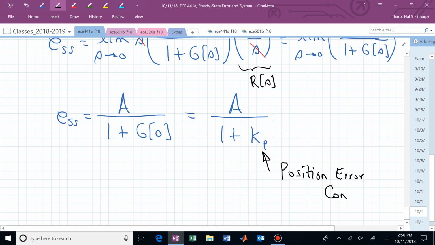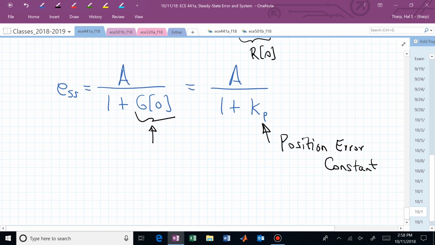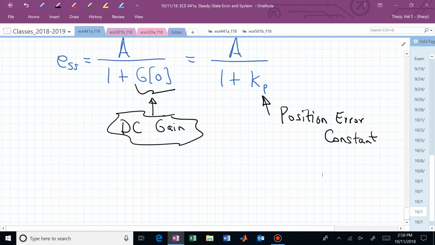And what is k sub p? Well, that's just G of 0, but you know what this is. G of 0 is just the DC gain of that system.